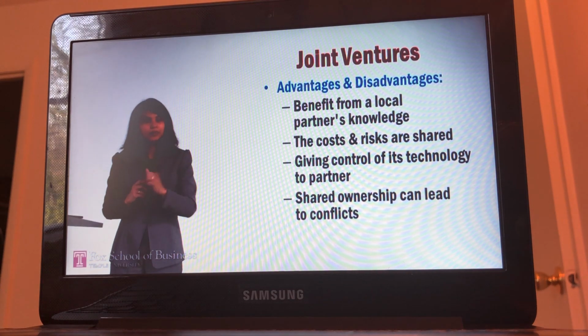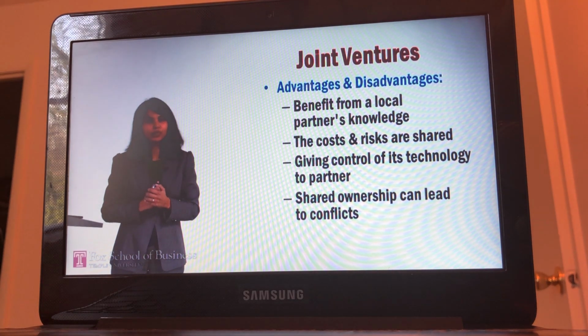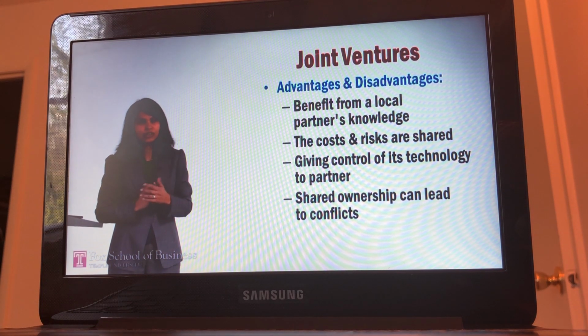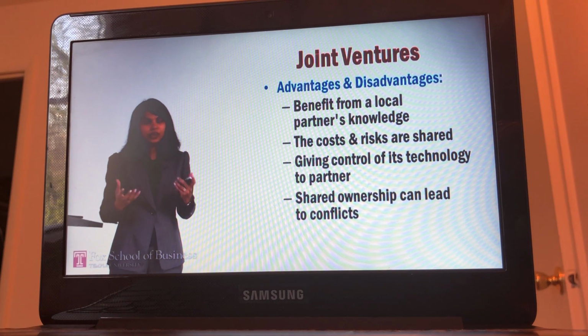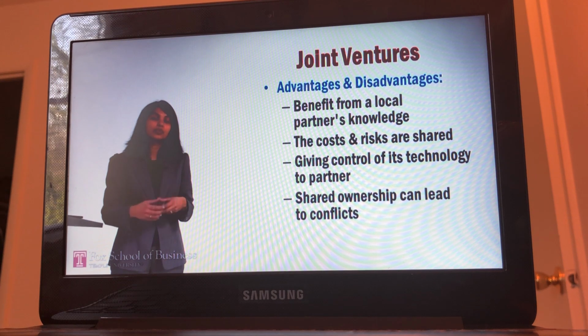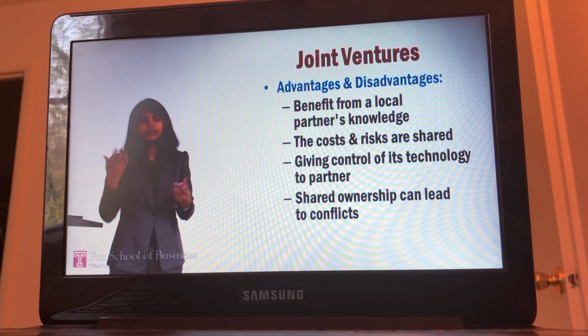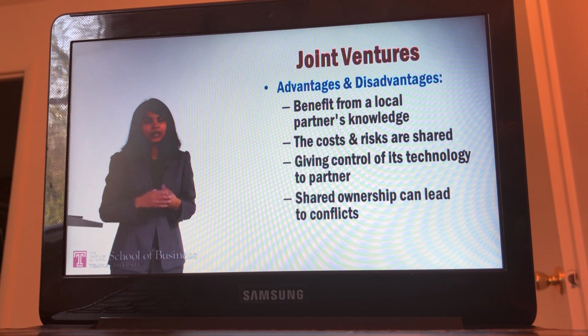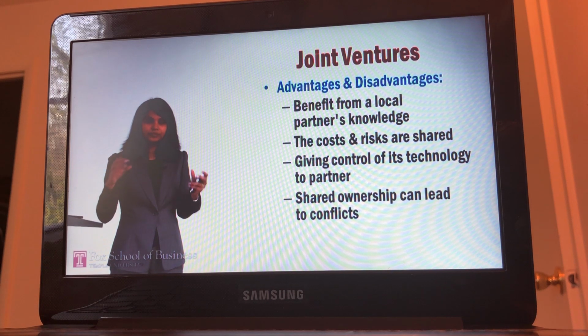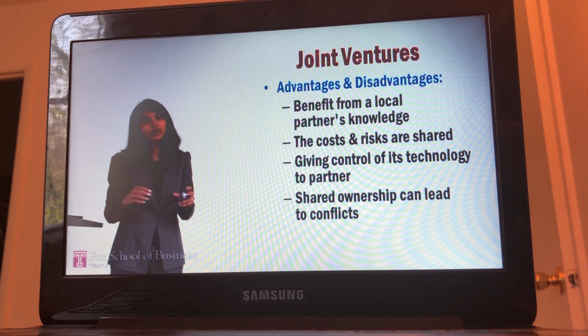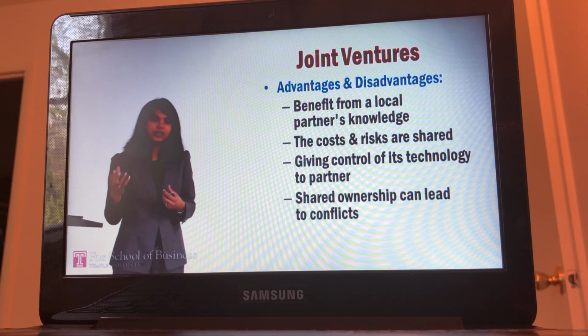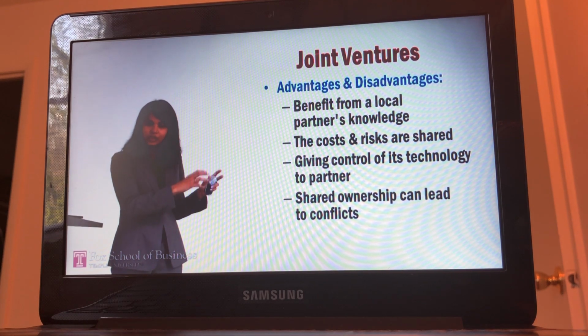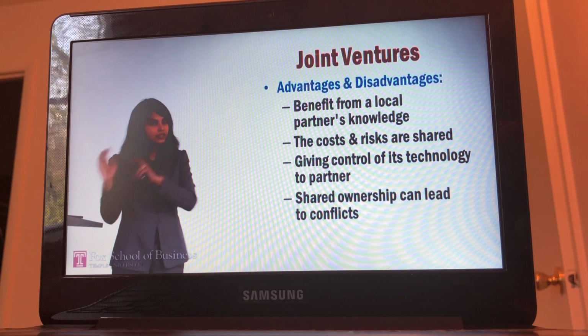And coming up to our fifth type of entry mode is joint ventures. What are joint ventures? Joint ventures are nothing but when two firms come together to create a third firm. For example, Fuji and Xerox. You've heard of a firm known as Fuji Xerox. Fuji Xerox is a joint venture between two different firms, Fuji and Xerox.